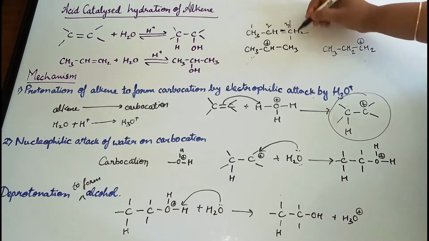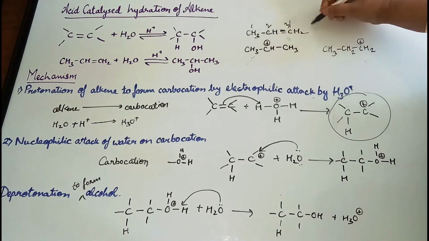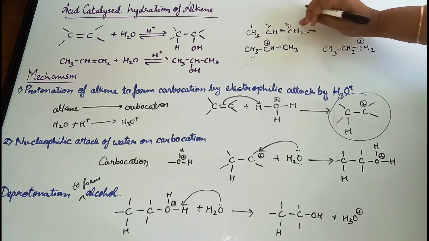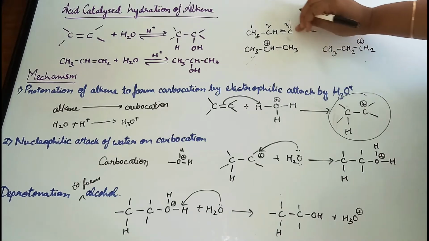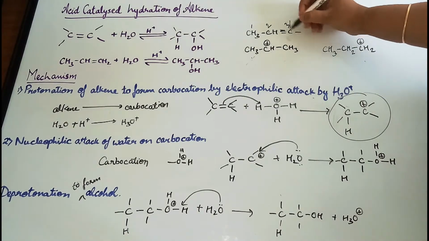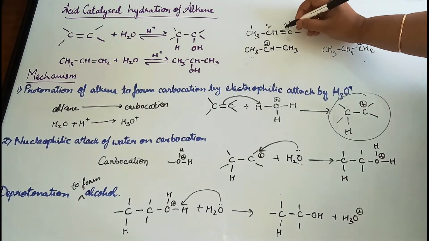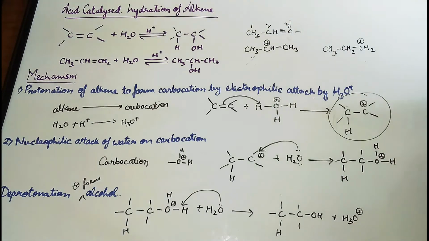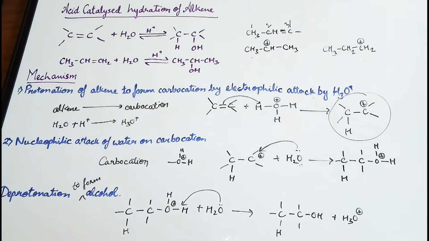So this would have been a straight chain. So in this case, this would have had a lesser number of hydrogen atoms, 1, 2, 3, 4, and that is why this particular carbon atom would have gotten a positive charge, and that would have been more stable than this one. So the more the number of alkyl groups, the more the stability of the carbocation, and that's why we are saying the acid catalyzed hydration of an alkene is followed by the Markovnikov's addition.